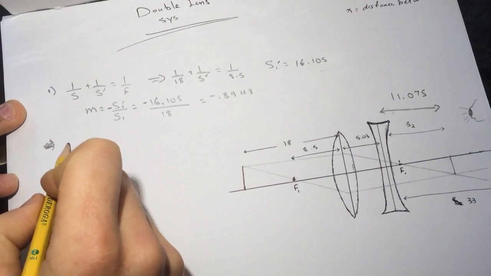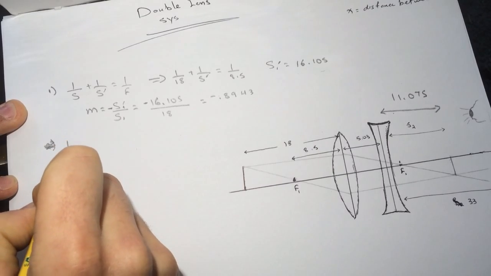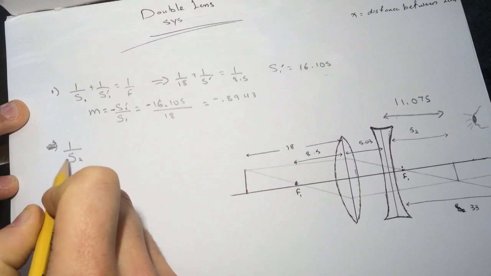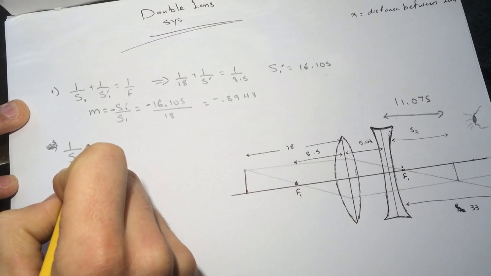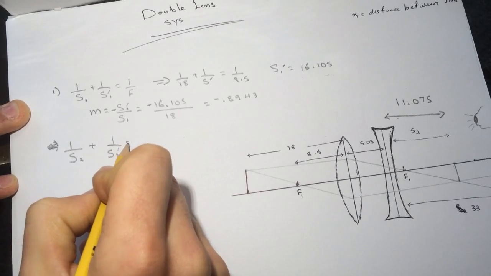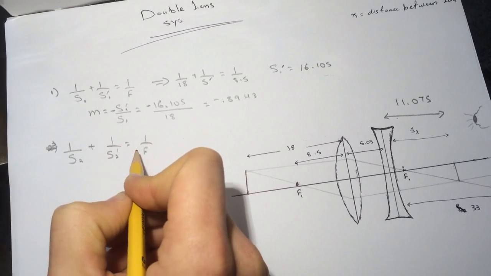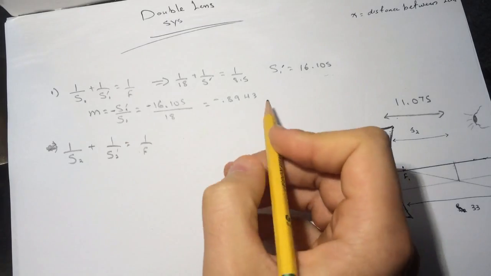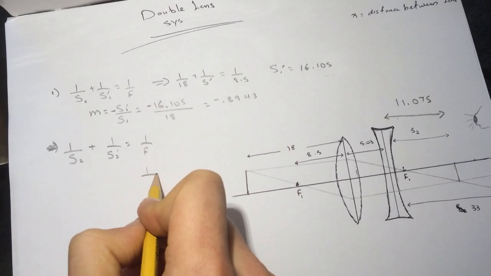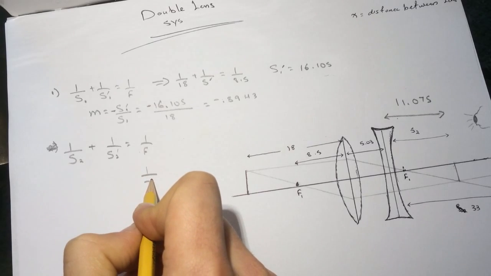Alright, so let's do the 1 over s. This is 1 over s2 plus 1 over s2 prime equals 1 over f. They gave me that my f, because it's a diverging lens, has to be negative: 1 over minus 33.